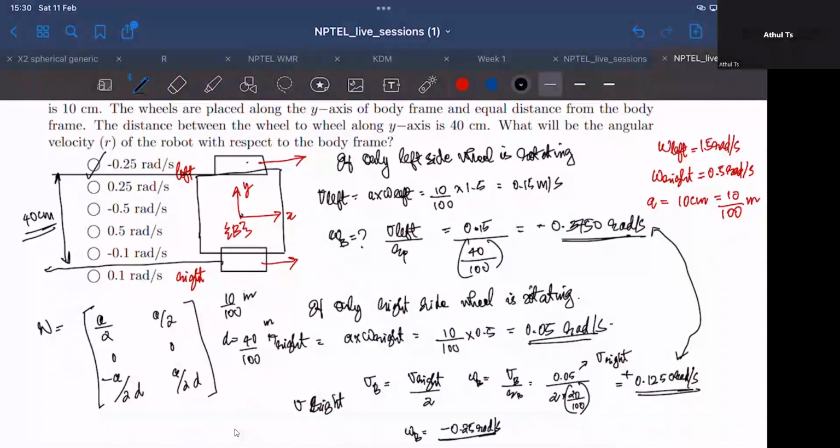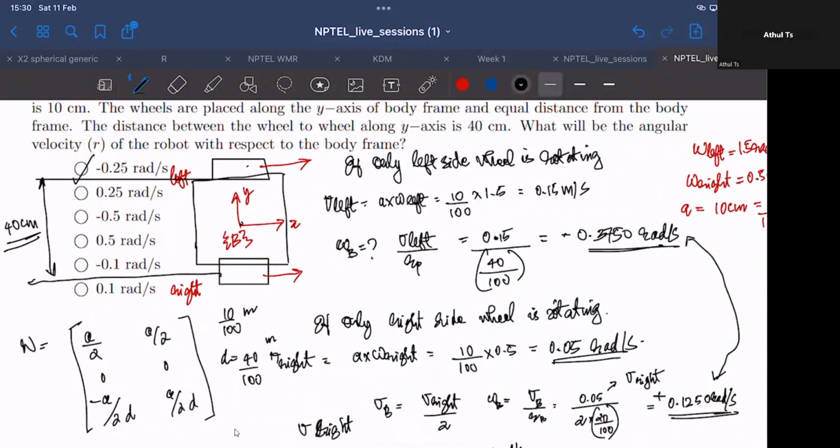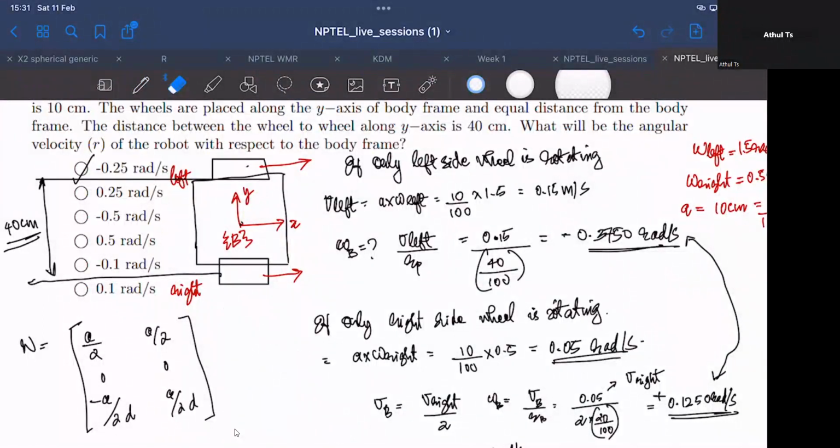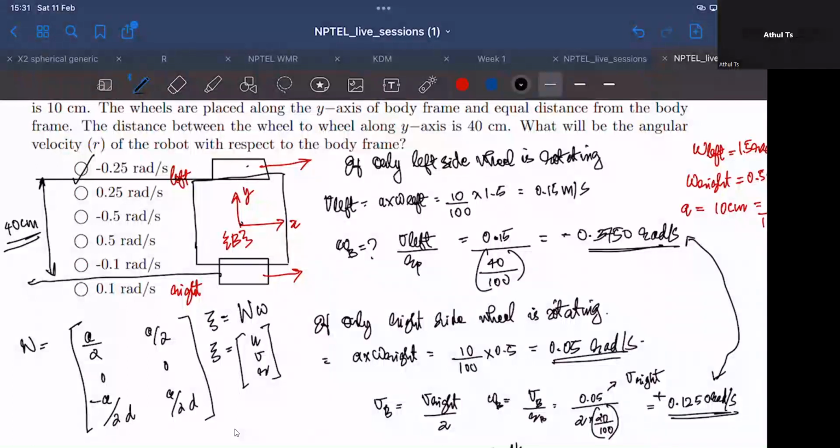The transformation is zeta equals W times omega, where zeta is your U, V, R, where U is the velocity along the x-axis, V is the velocity along the y-axis, and R is the angular velocity about the z-axis. All of these are with respect to the robot's body fixed frame.